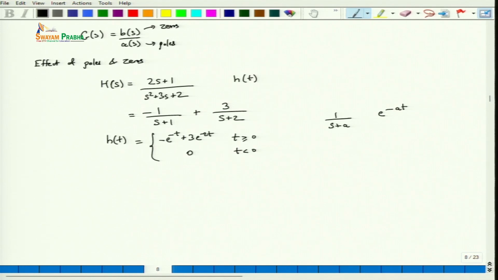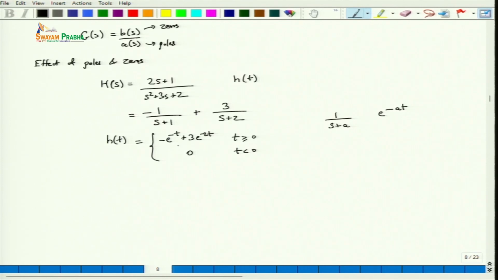So what you will see here is that if we can express it in this form where the poles are real, then the corresponding time domain function will just be an exponential function.